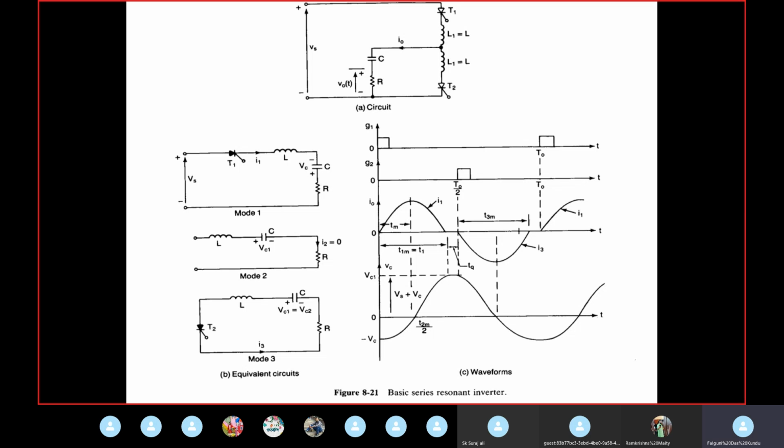Next, firing of thyristor T2 causes a reverse resonant current through the load and T2 is self-commuted. So after t1m, when the thyristor T2 is fired, a reverse resonant current flows through the load and T2 is self-commuted.